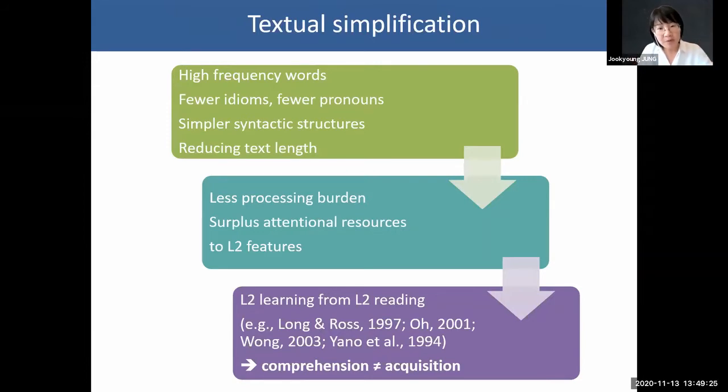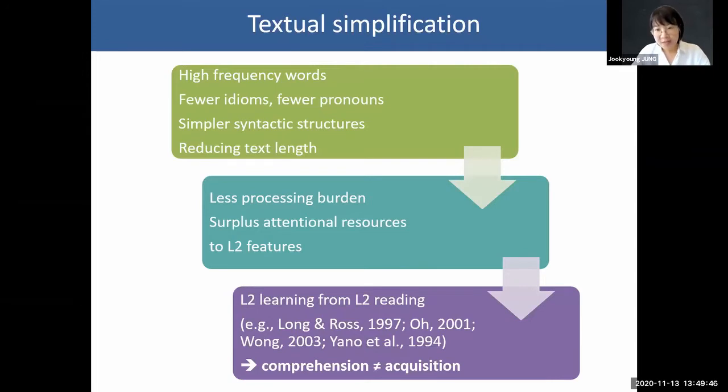And by simplifying those linguistic features of the L2 reading text, we expect that perhaps learners have to use less attention resources for comprehending the text, and the surplus attention resources can be driven to noticing and acquiring new L2 features contained in the L2 reading text.